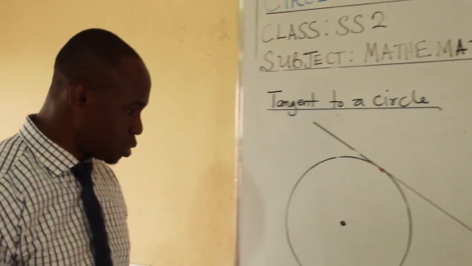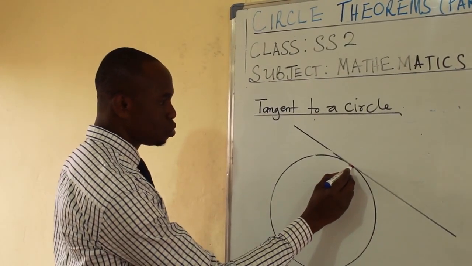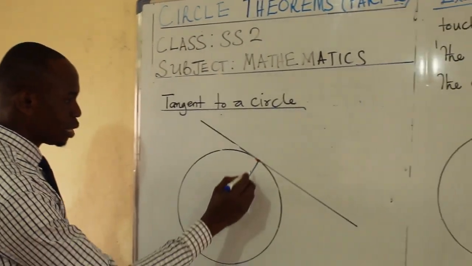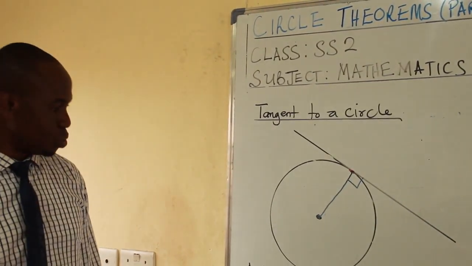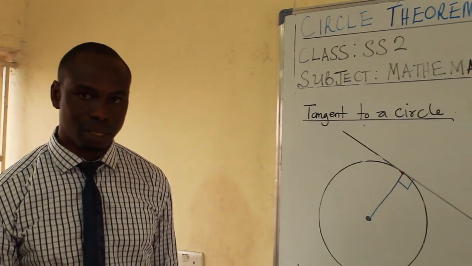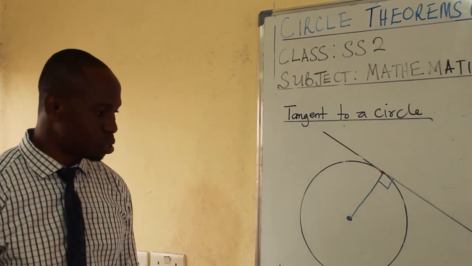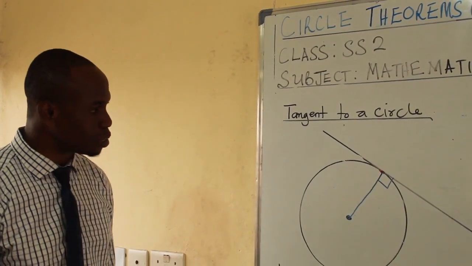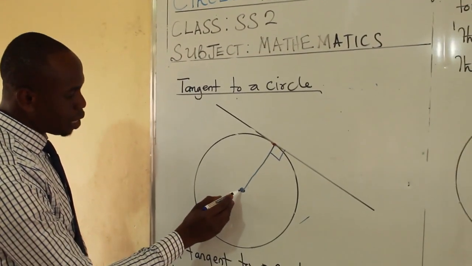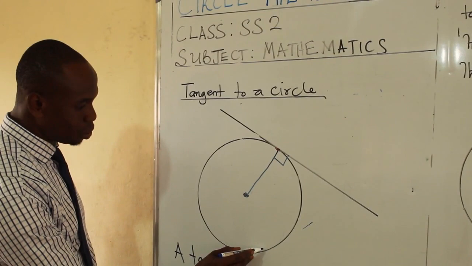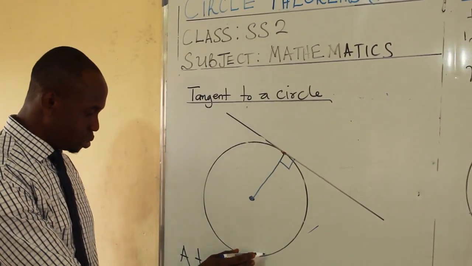So what this property is saying is that if I draw a line from the center of the circle to the point of contact, the angle formed there is always 90 degrees. If this line had been drawn somewhere here, and I draw a line from the center to that point where the line touches the circle, the angle formed there will be 90 degrees.